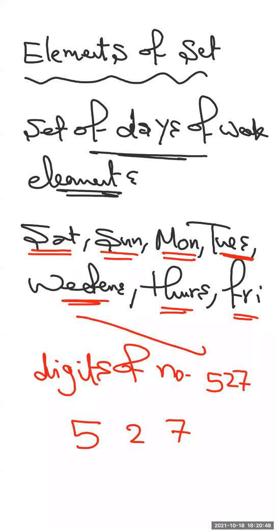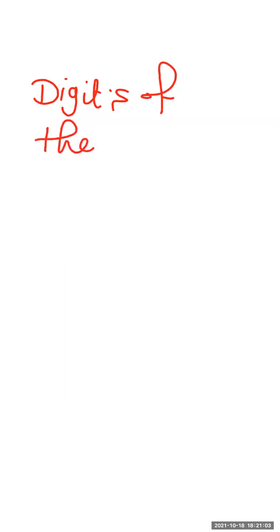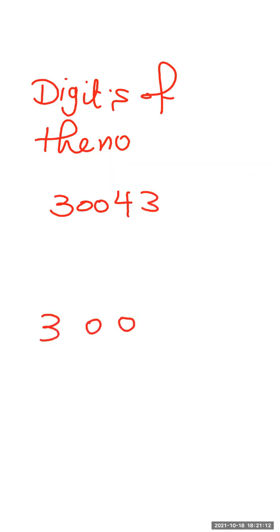Exactly. Now, if I say the digits of the number 30043, here, guys, actually the elements are 3 and 0 and 0 and 4 and 3.